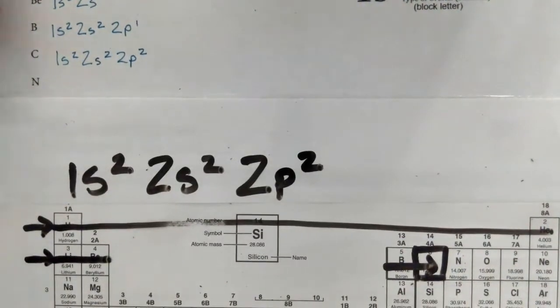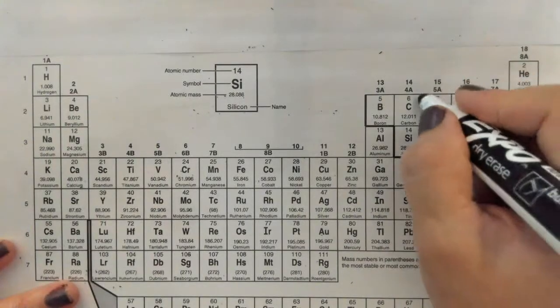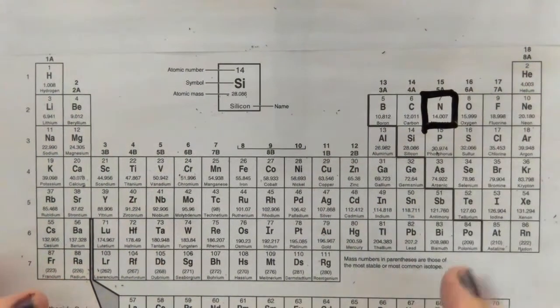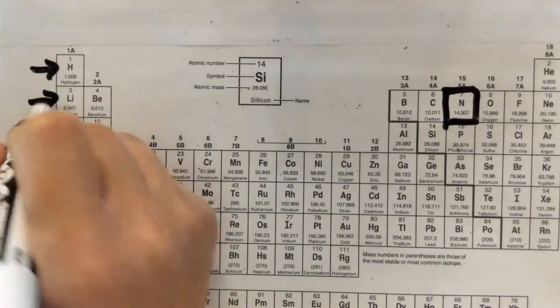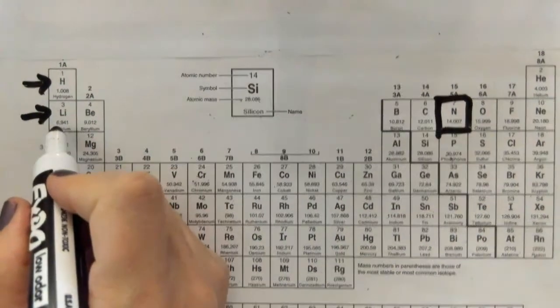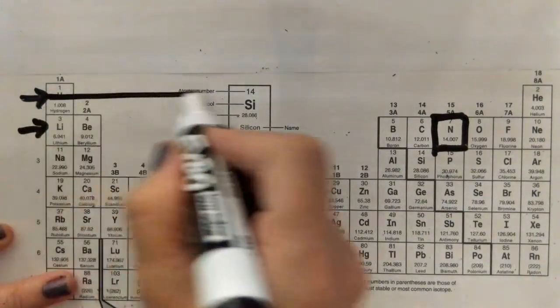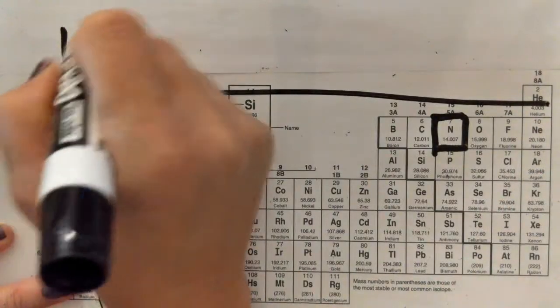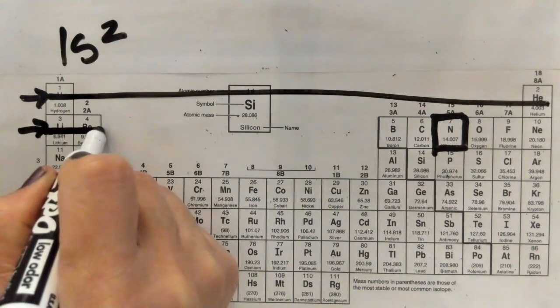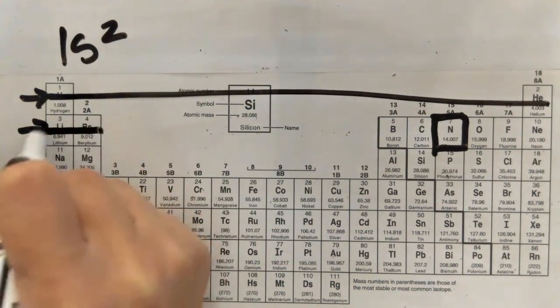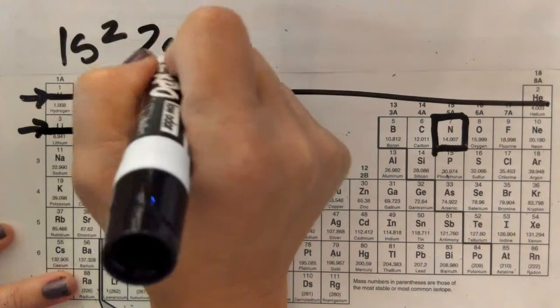Now let's do nitrogen. Nitrogen is found here. It's on row 2. So first we have to go through row number 1 before we go to row number 2. So row 1 is 1s2. Now I'm on row 2. I'm going to go through the 2s2 section.